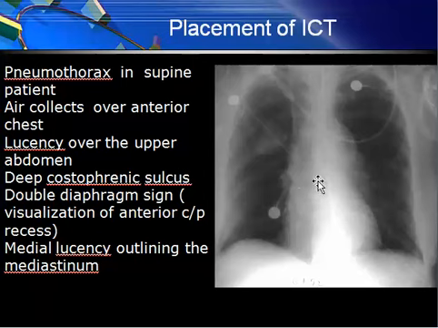This is lucent mediastinum. This is double diaphragm, 1 and 2. This is the anterior recess, and there is increased translucency, which may extend into the lower abdomen, and so on.